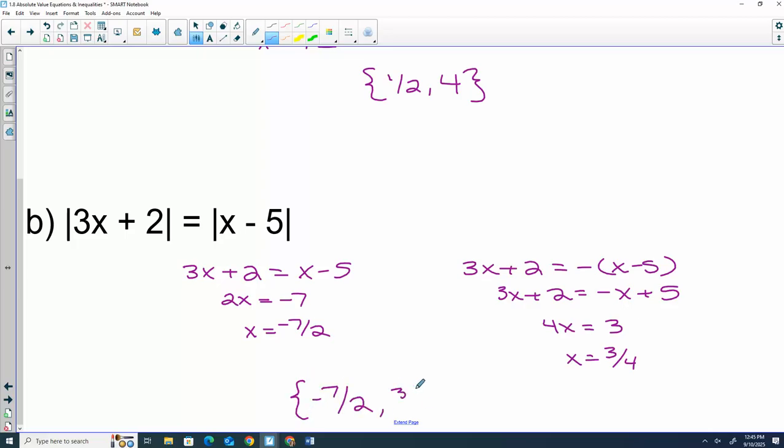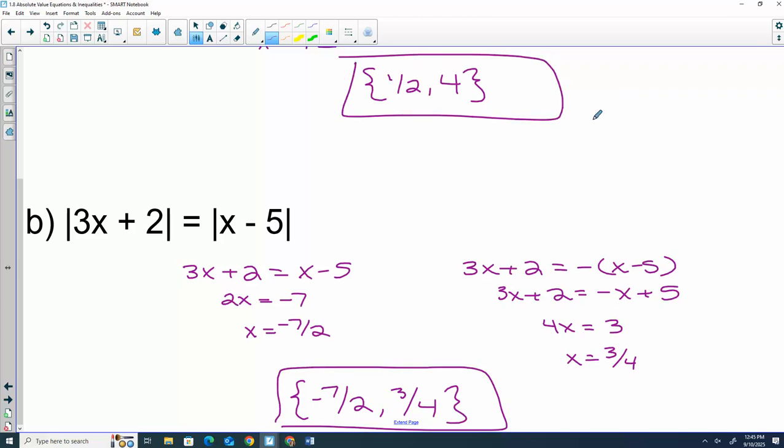Do you guys remember sometimes you solved absolute value equations and you got answers that didn't work? Do you remember what would make an answer not work? It was when your variable was outside the absolute values.